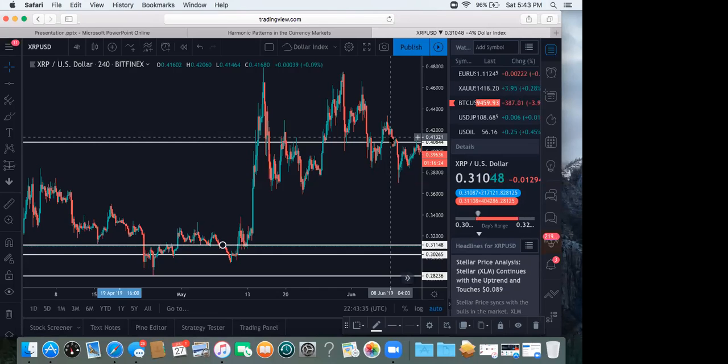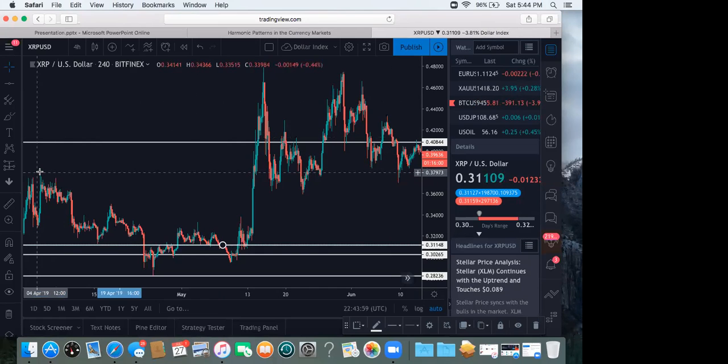So when you draw these harmonic patterns, the pattern doesn't have to be exactly right, but it does have to form a pattern. It doesn't have to be the perfect pattern, but as long as it forms a pattern, all right?